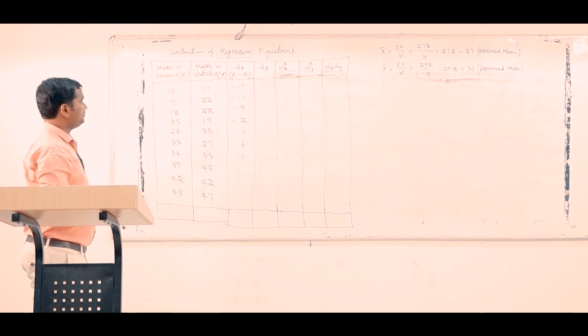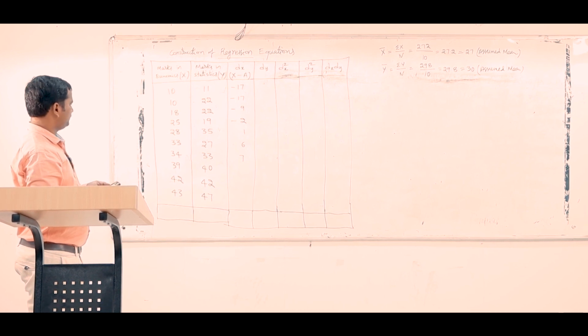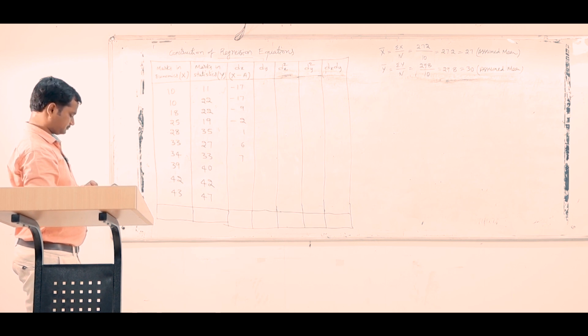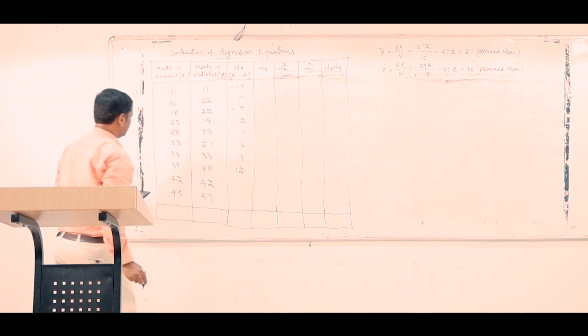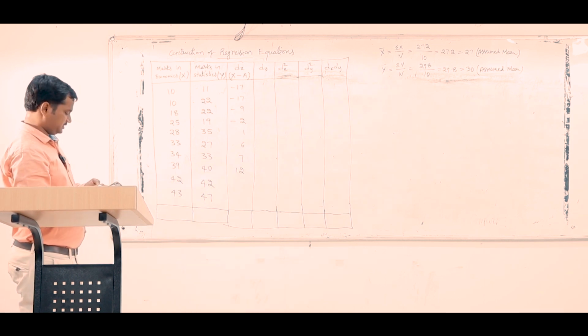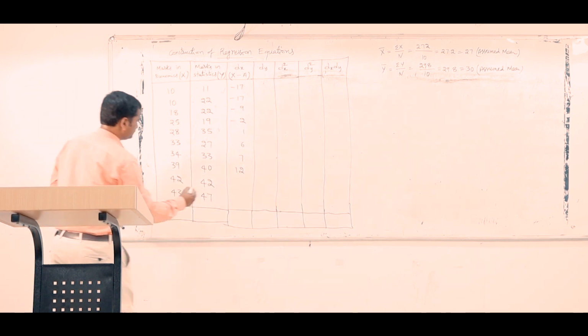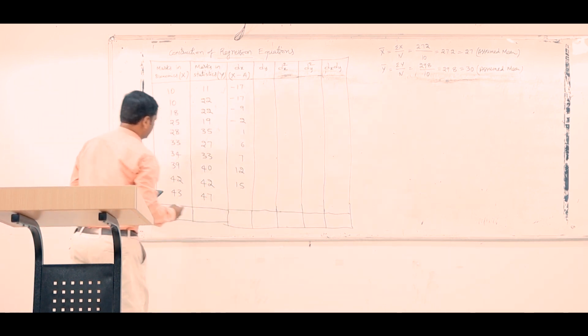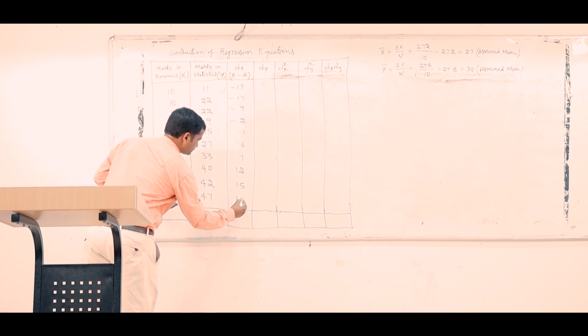Next 39 minus 27, so it will be 12. Next 42 minus 27, so it will be 15. Next 43 minus 27, it will be 16.